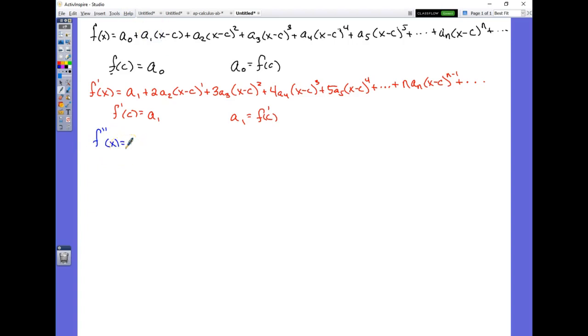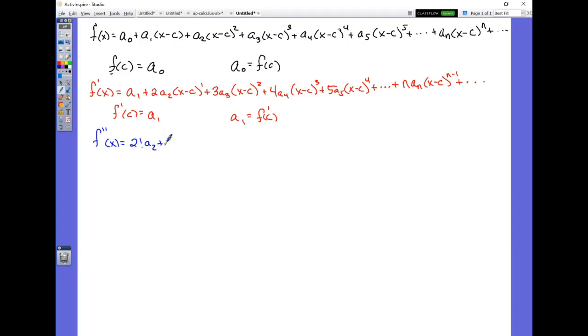Okay, so then the next step is we want to find a2. Well, since the process worked last time, take the derivative and evaluate at c. Let's take the second derivative of this term now. So now a1 goes to 0. This becomes what? This is 2 times 1 times a2 x minus c to the 0, right? What's another way I can write 2 times 1? 2 factorial. Plus, what's that going to be?